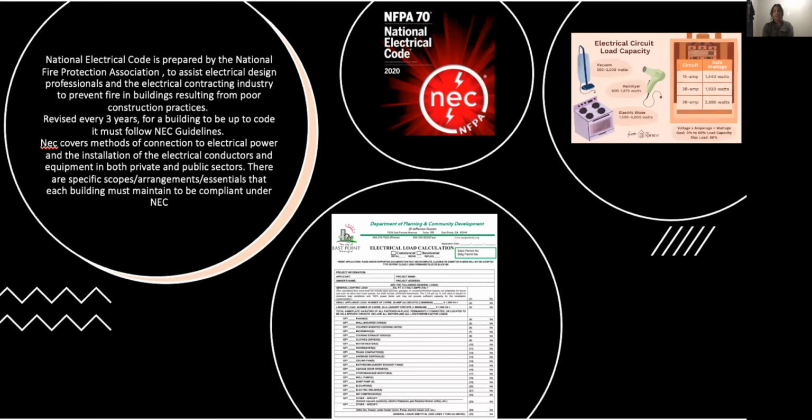You can find the National Electrical Code in every single building, residential or commercial, as a guideline of how to connect appliances, how to connect computers, how to design your house or your business to make sure that there's optimal electrical flow so that fires don't ensue.